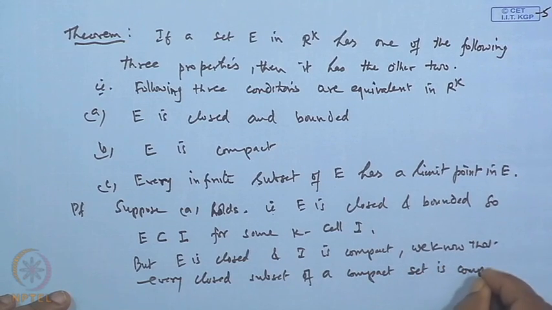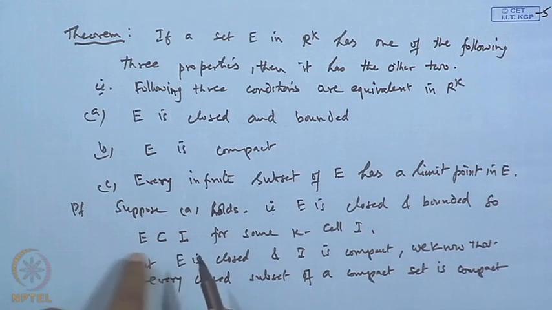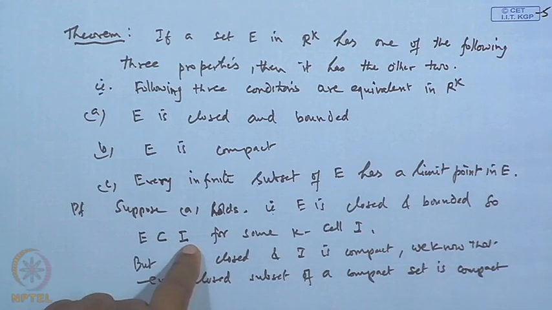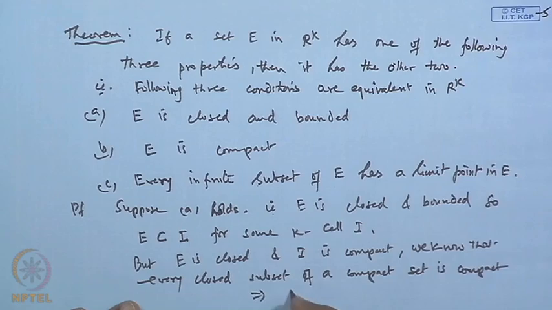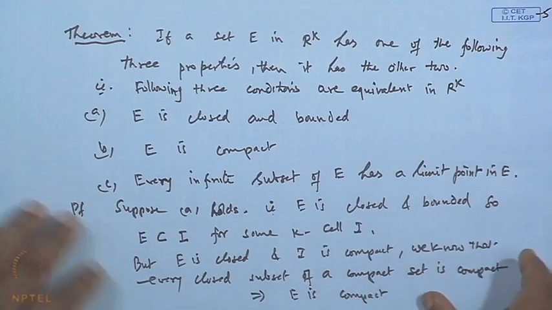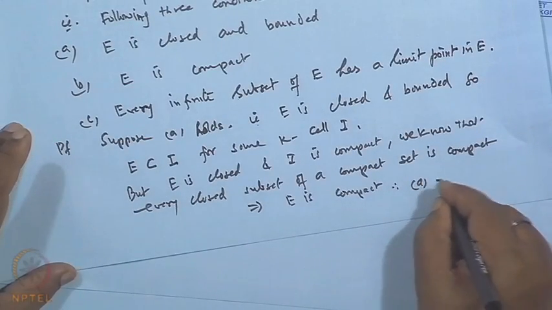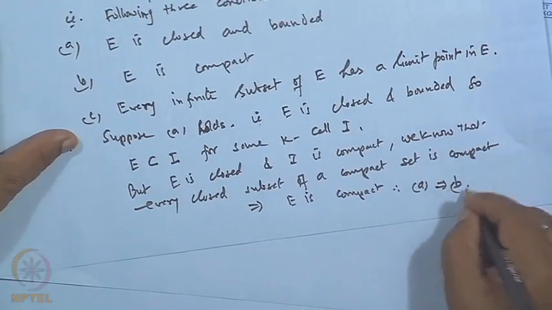So, here E is closed, and I is compact. So, E is a closed subset of a compact set, therefore E is compact. Therefore, A implies B holds.